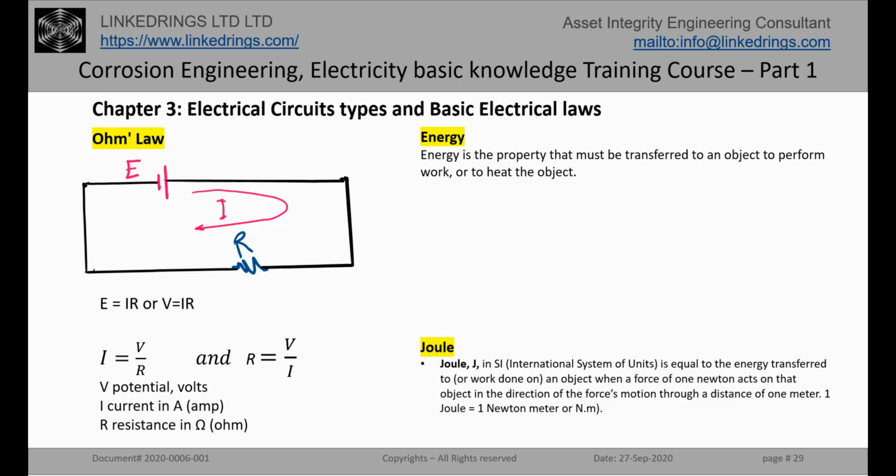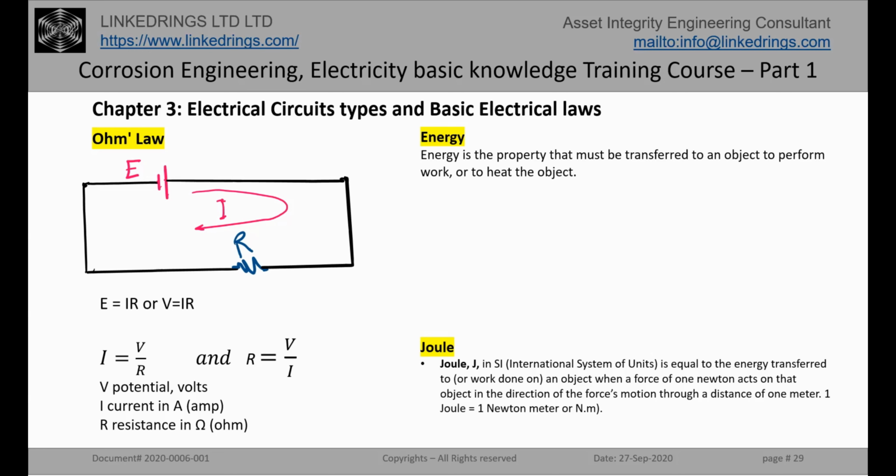The joule, as we mentioned earlier, is the SI unit equal to the energy transferred to or work done on an object when a force of 1 newton acts on that object in the direction of the force motion through a distance of 1 meter.